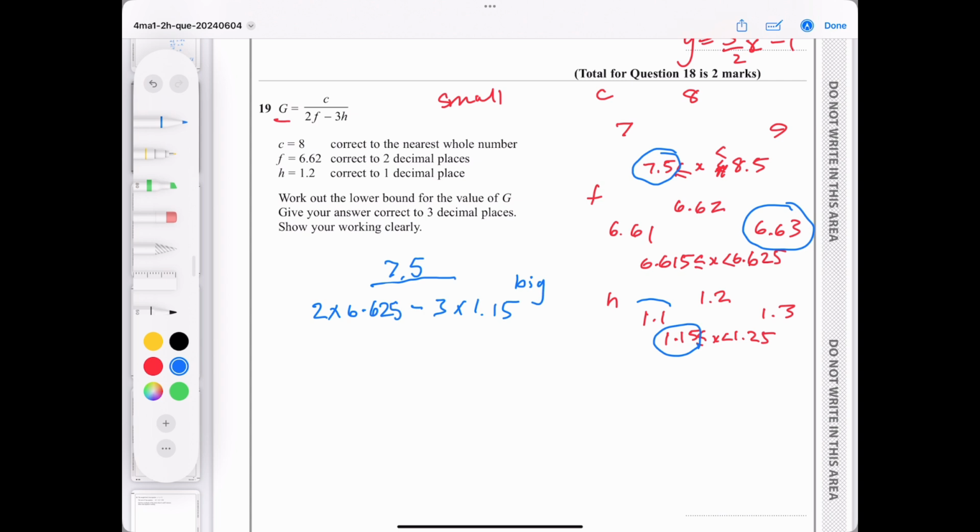So you get 75 over 98, and this is to be given correct to 3 decimal places. So it's 0.765, because the next number after that is 3, and that's going to be your answer.